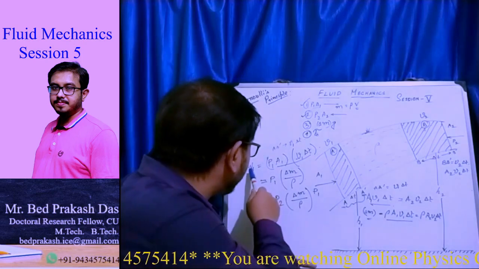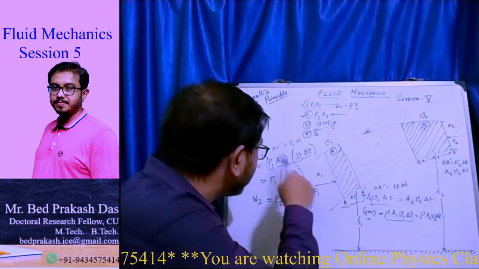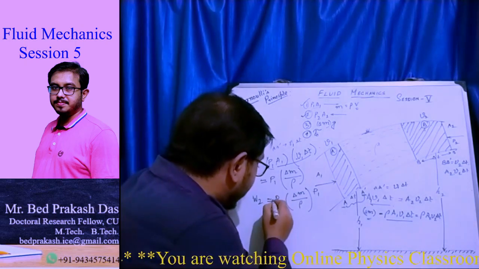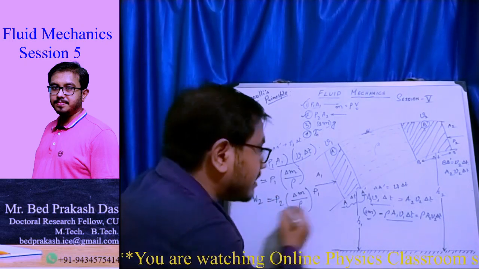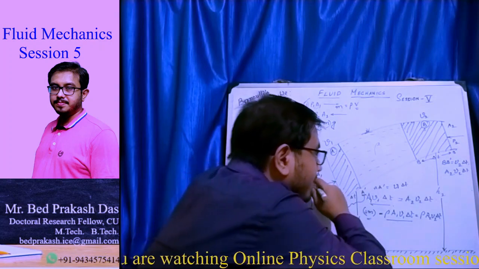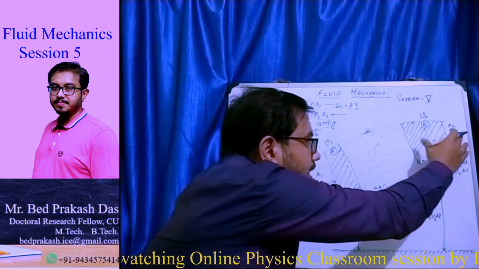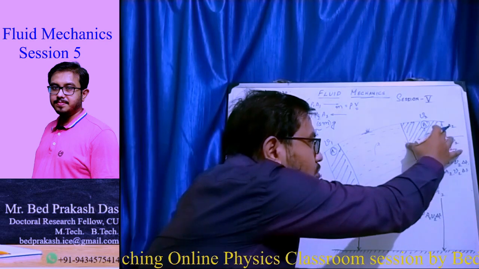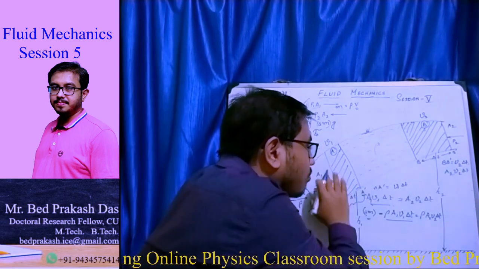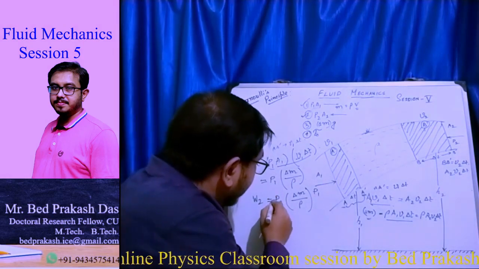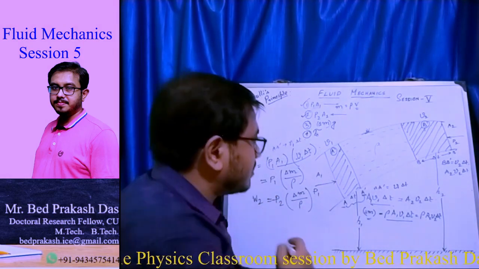So whenever we are considering the same sign, it will create a problem. So we are taking a minus one, since the fluid is flowing from this direction to that direction. We are taking the work done by this portion of liquid as negative to the work done from this portion, so we put a minus sign before this.